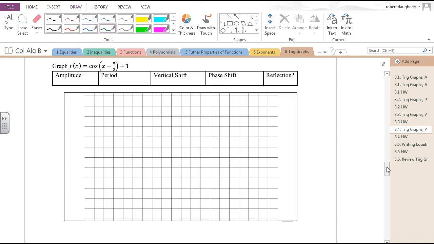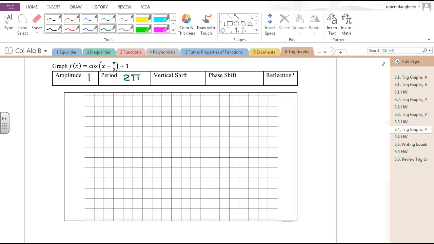Okay, looking at this one, cosine function. What is the period, excuse me, what is the amplitude? Amplitude is 1. What is the period? It's 2 pi over what number is right in front of the parentheses? 1. So it's 2 pi.